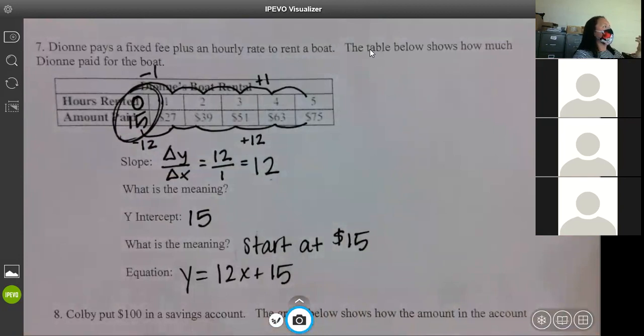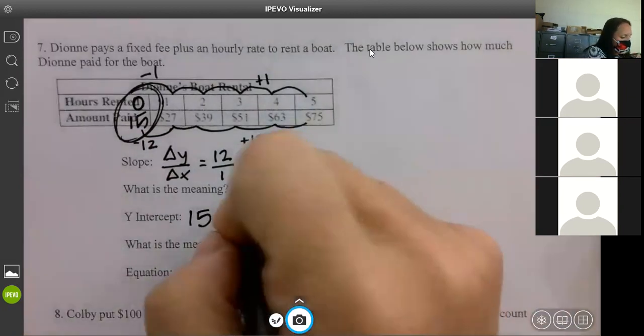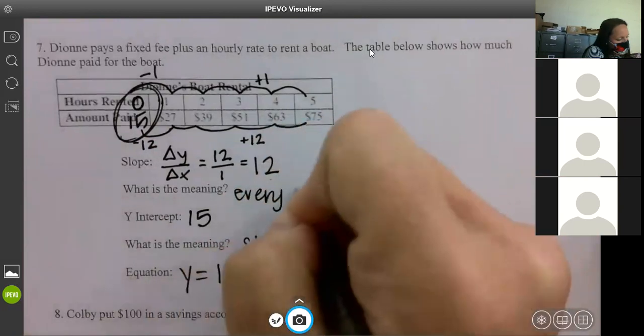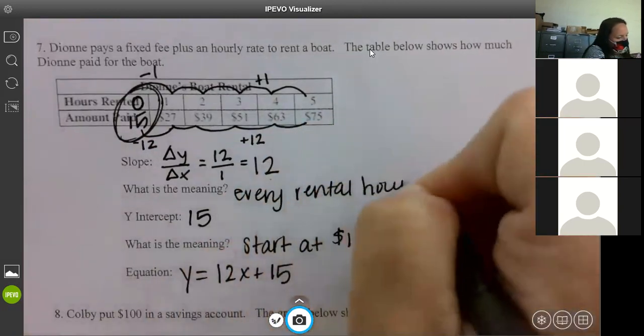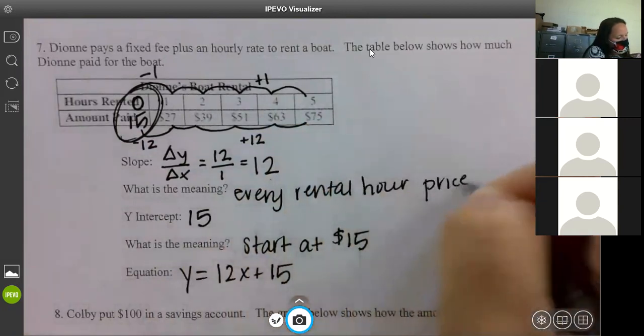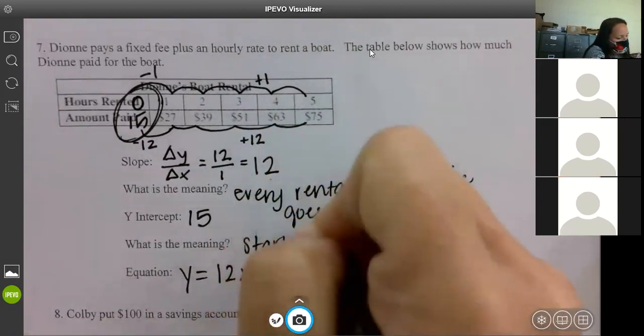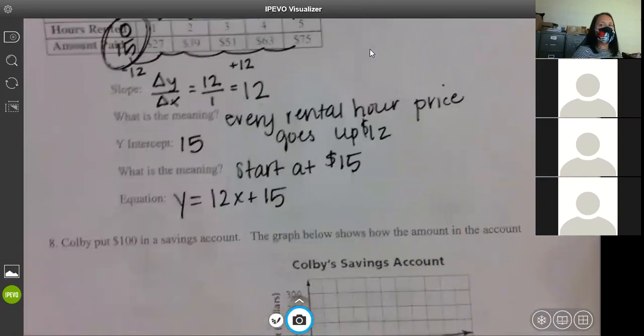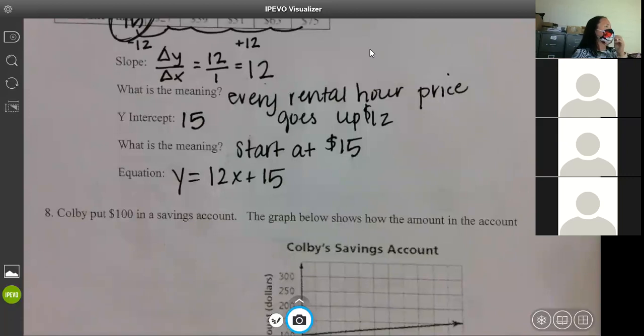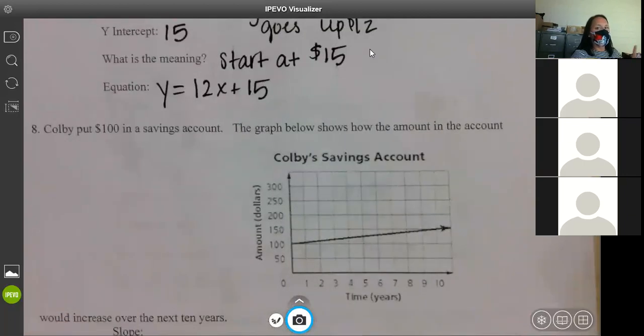Our hours are going up 1, so for every rental hour increase, every rental hour price goes up $12. Perfect. And these are really, really simple. They're not hard on your test or anything like that. And one more time with the crazy graphs. Watch your scales.